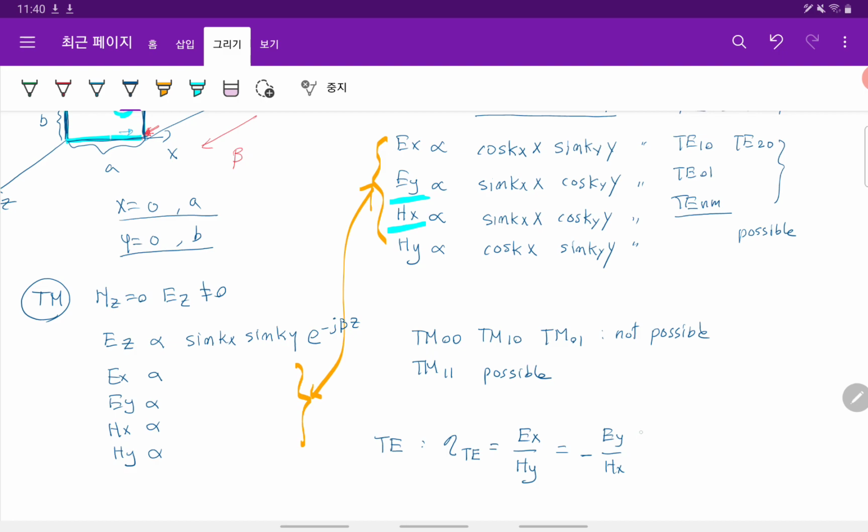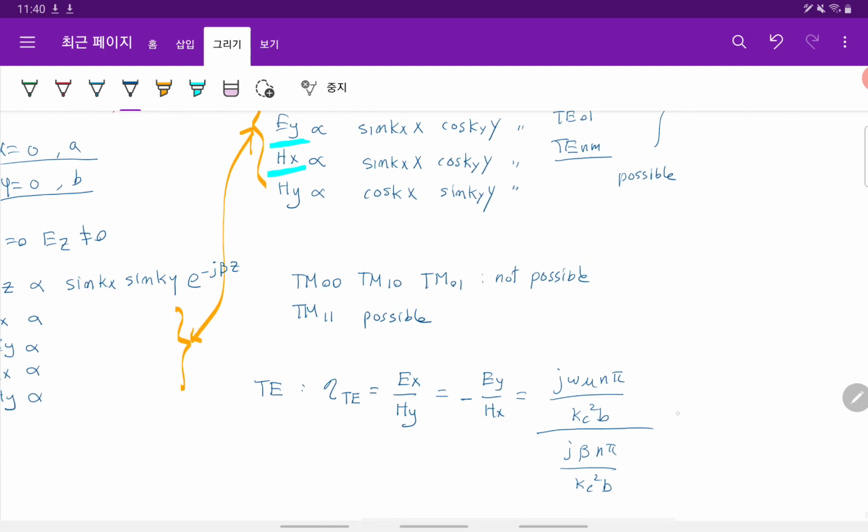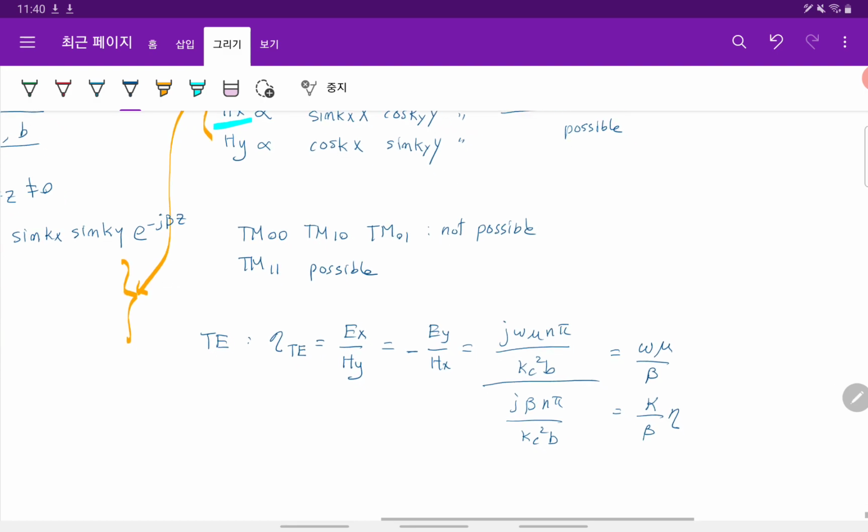If we plug this in, and you see the book with all the detailed equations, you will have this ratio. So this is the same as k over beta times eta.